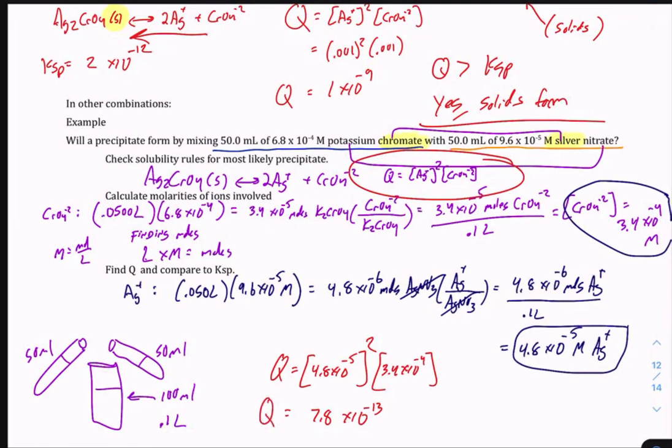Remember that the KSP for this compound was 2 times 10 to the negative 12. Right, it was up here.